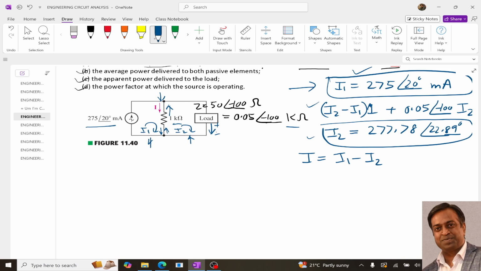Now substituting the values of I1 and I2 and solving for I, I will be equal to 14.21 angle 79.83 milliampere.